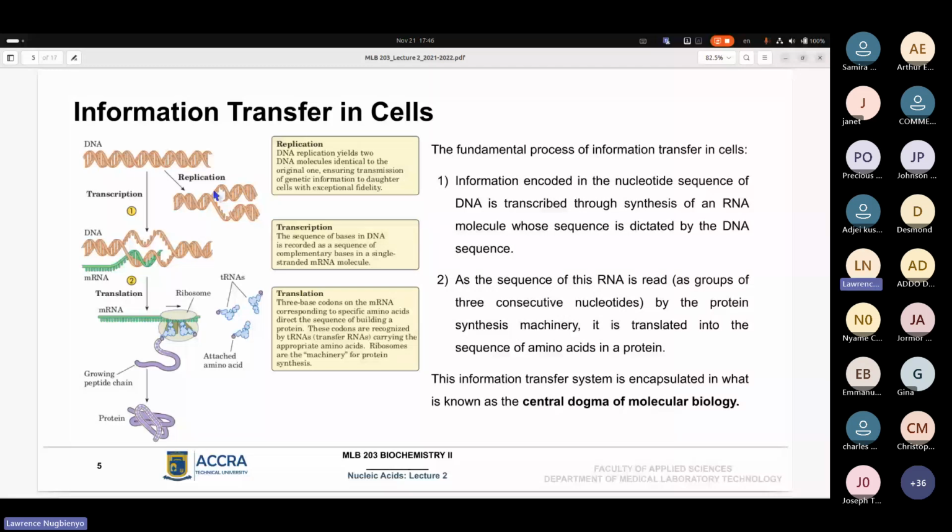That will occur in, say, cell division, where the DNA molecules are replicated into two separate molecules. One of them will remain in the parent cell and the other will go into the new daughter cell that is going to be produced from that parent cell.